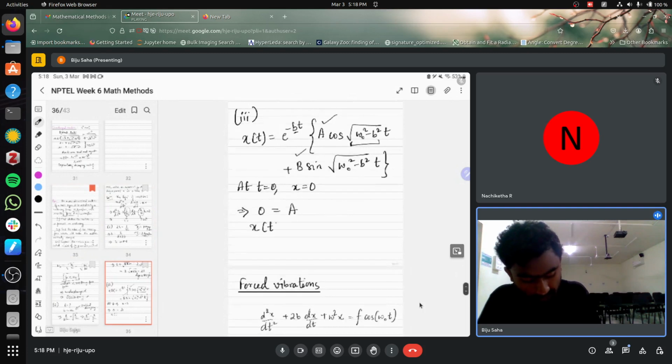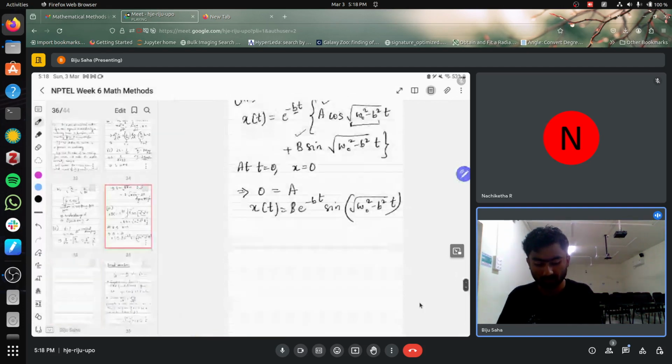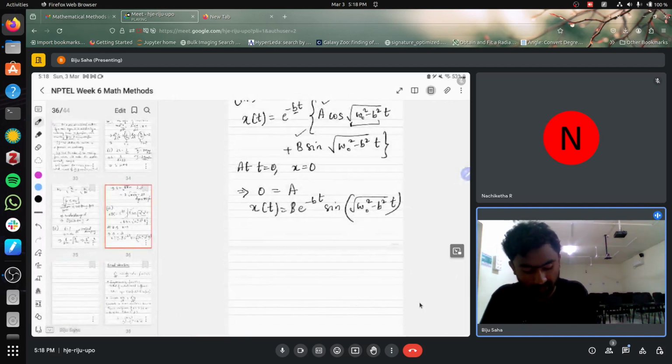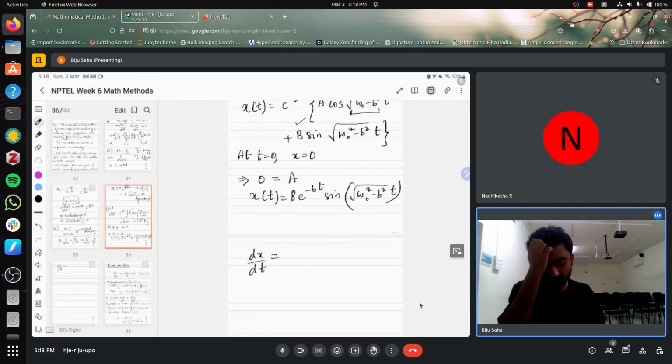So you obtain x(t) as follows. Now you can obtain b by considering the velocity condition that was given. So let us calculate the velocity. dx by dt would be the velocity.